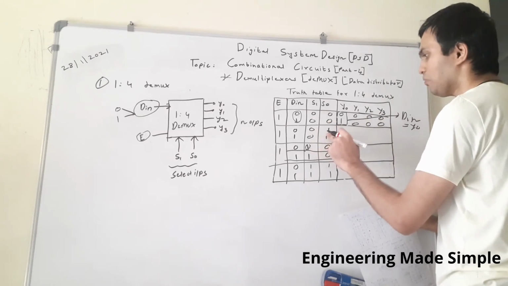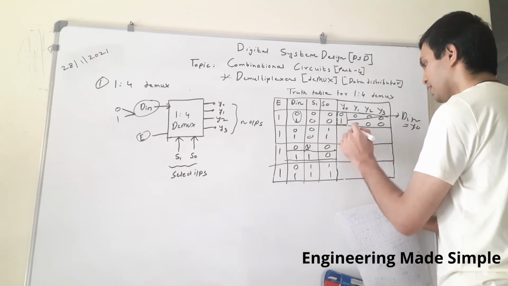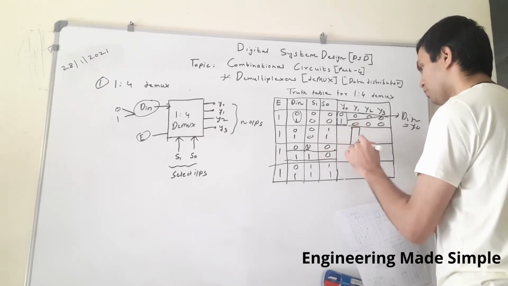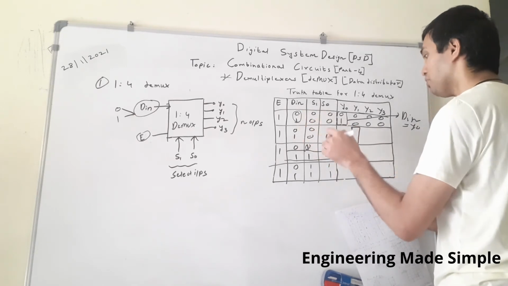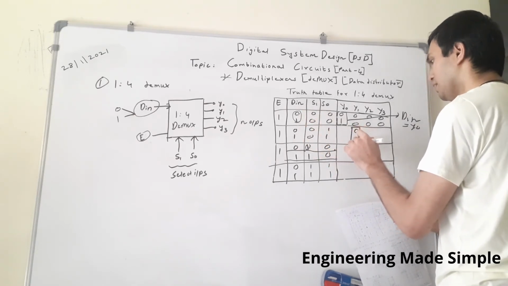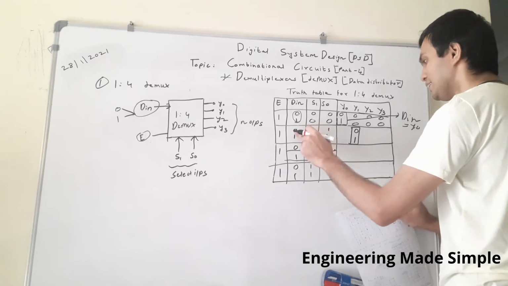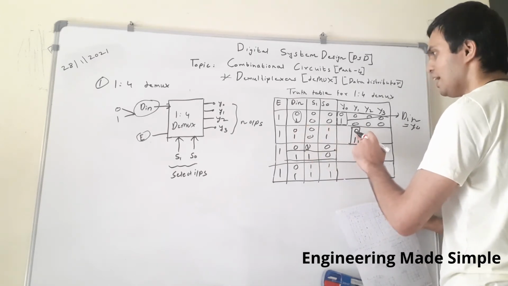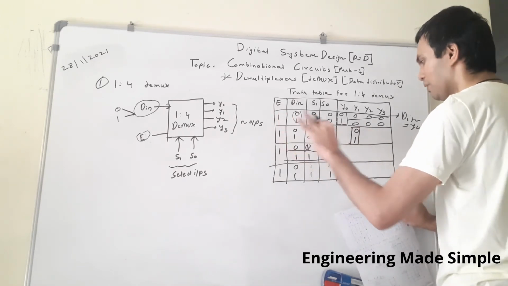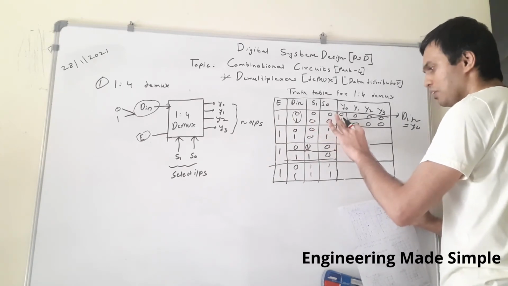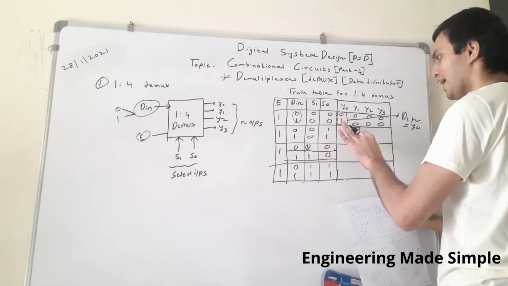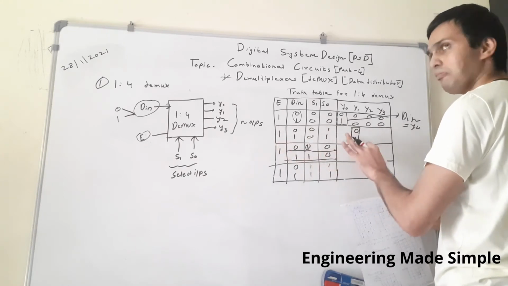And for select input combination 0 1, your input can be either 0 or 1. At a single instant, only a single input is possible. I don't mean to say that this 0 1 will come every time. If 0 is given, then 0 will come on Y1, and if 1 is given, then 1 will come.